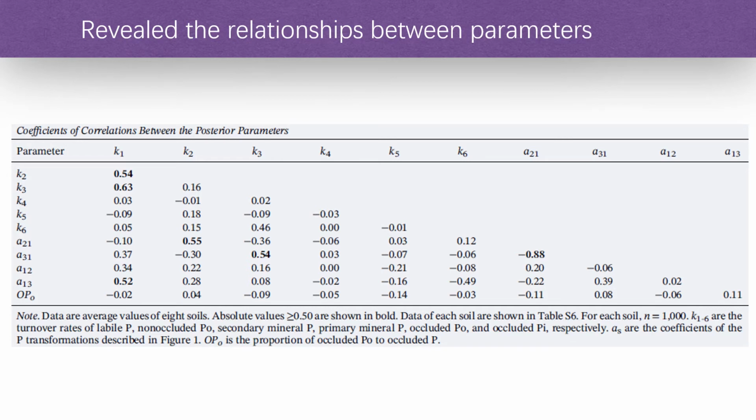Here we show the bivariate relationships among parameters, which provide insights into the relationships among soil phosphorus processes, like the relationship between K1 and K2 indicates the association between the turnover of a soil labile phosphorus pool and soil organic phosphorus pool.